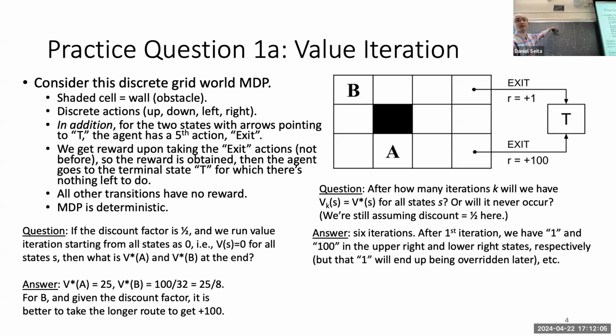This is overridden. So 25 over 2, this turns to 180. But of course, this is going to be overridden later. So this should be what it's like after 4 iterations.